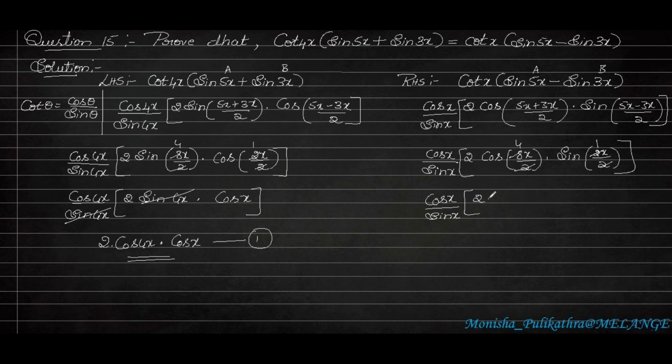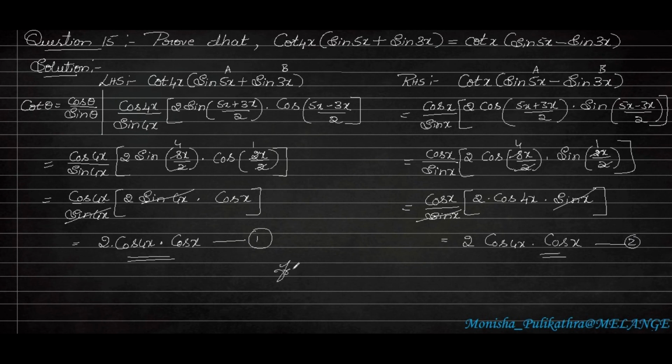So this will be 2 cos 4x into sin x. So here sin x and sin x get cancelled. So remaining will be 2, and you have to put the equal to symbol here. So 2 cos 4x into cos x. Okay, let this be equation 2.